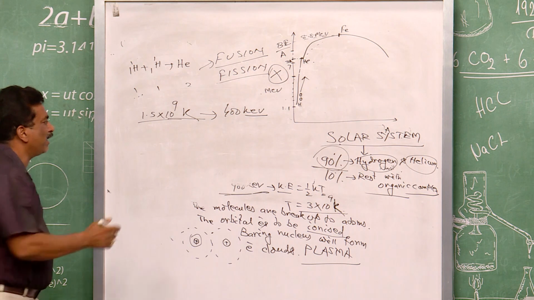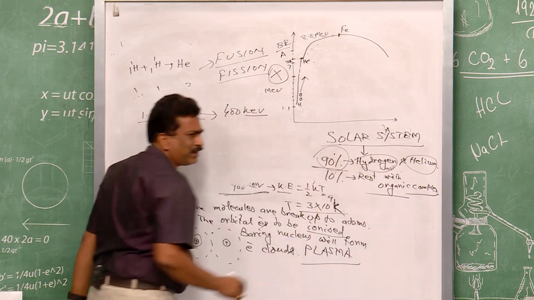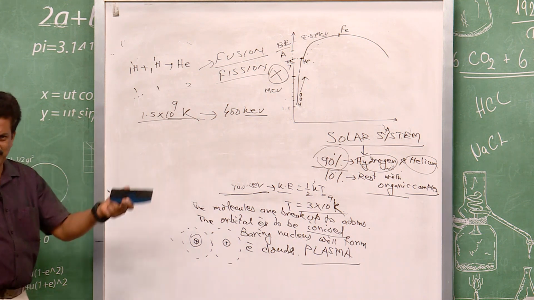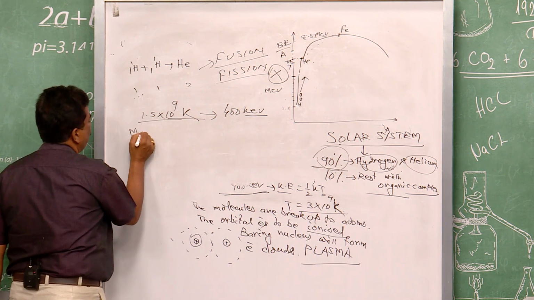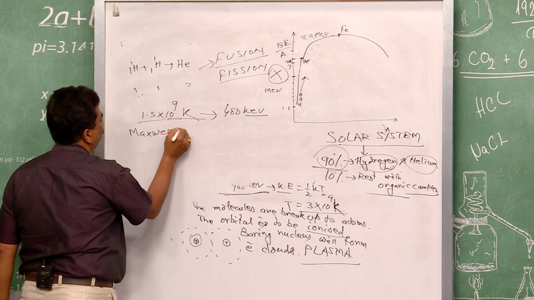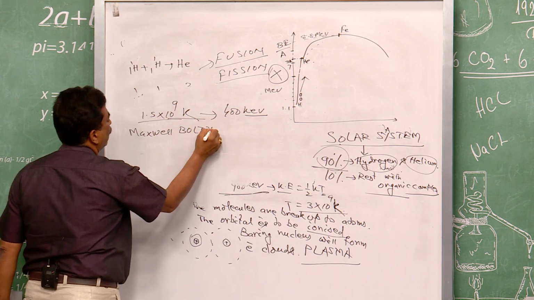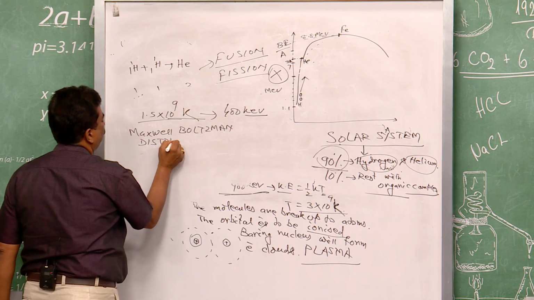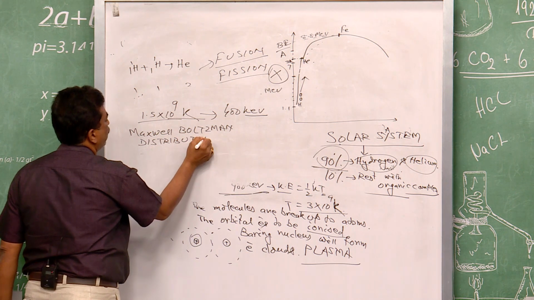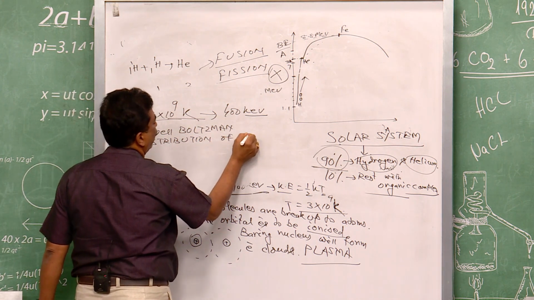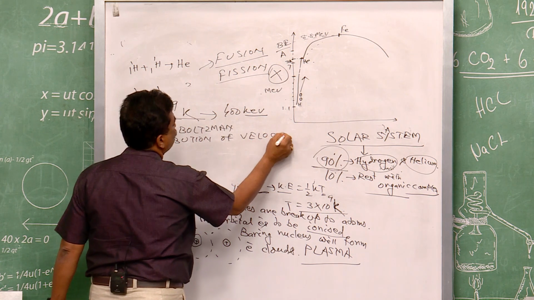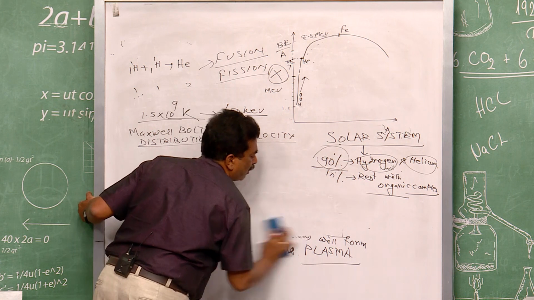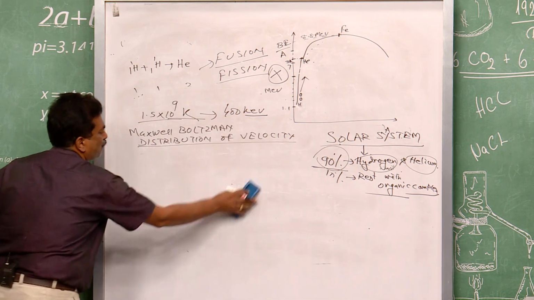For that, you know these are the lighter particles, meaning helium and hydrogen in gaseous form. So from the Maxwell Boltzmann distribution of velocity, Maxwell and Boltzmann gave a distribution of the velocity of gas particles.